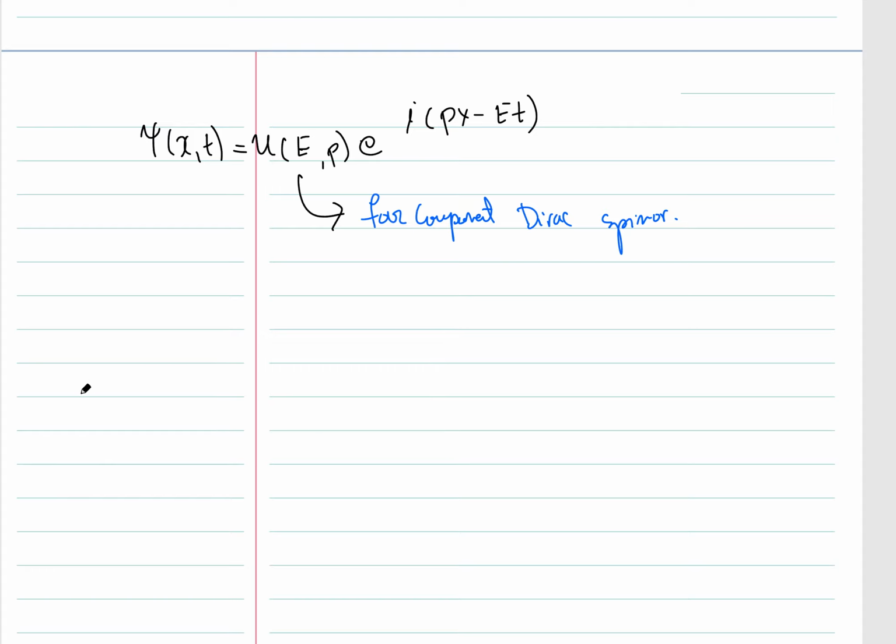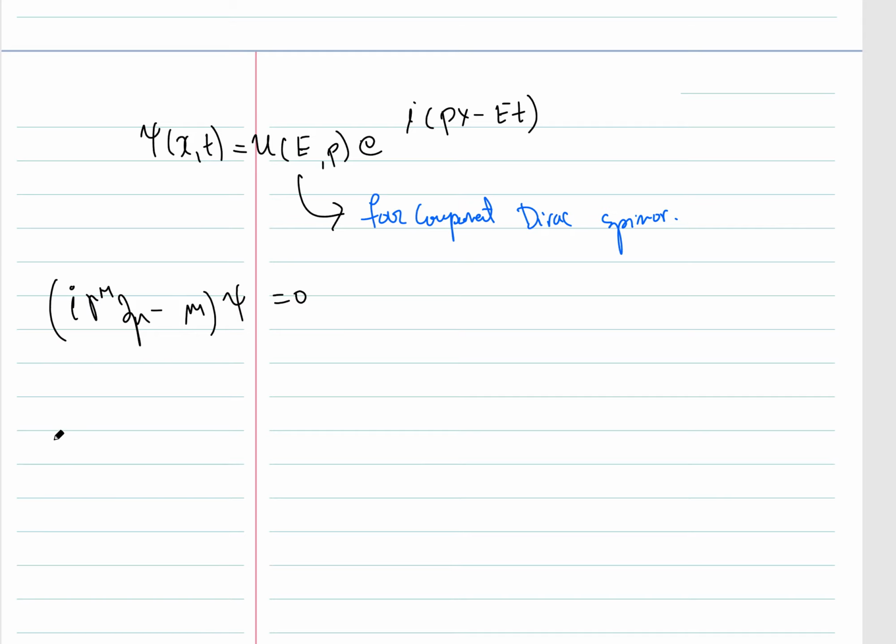Now we have the equation i gamma mu partial of mu minus m psi equals 0.